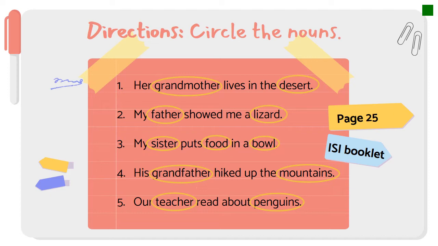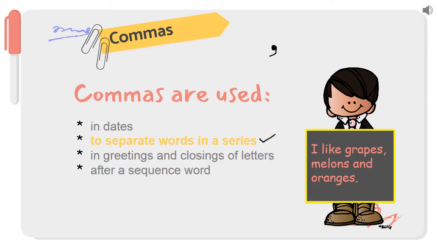Our teacher read about penguins. We have the word teacher, which names a person, and we have the word penguins, which names a thing. So we have teacher and penguins.